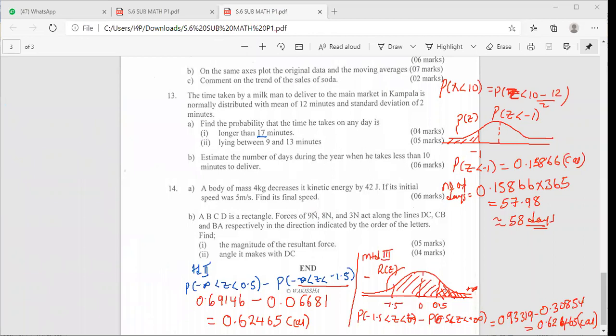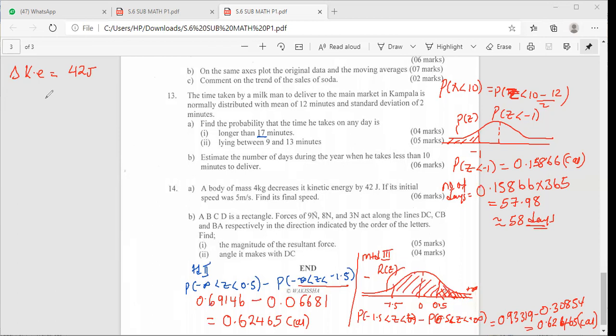Number 14 says a body of mass 4 kg decreases its kinetic energy, that is what we call a change in energy, by 42 joules. If its initial speed is 5, find its final speed.